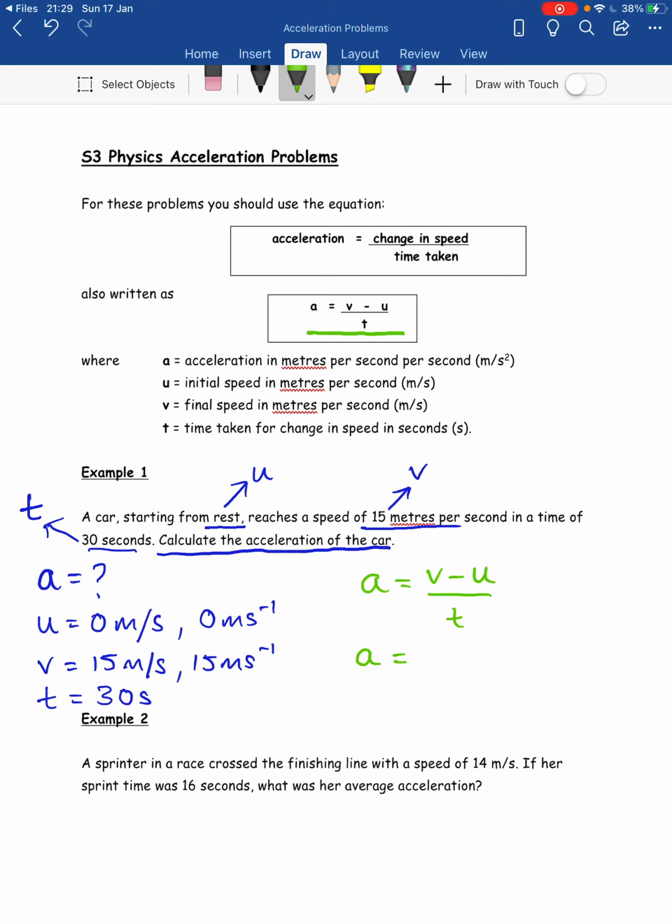So A doesn't have a number yet, so that just stays as A. And I then want to be really careful that I put the numbers in the right place here. So V is the 15, which goes in at the top first. I want to take it away from U, which is 0. So 15 take away 0, then gets divided by my time, which was 30.